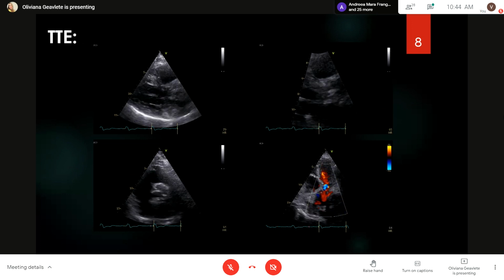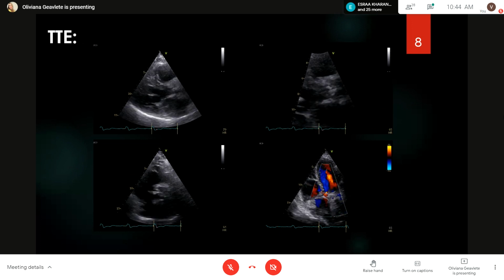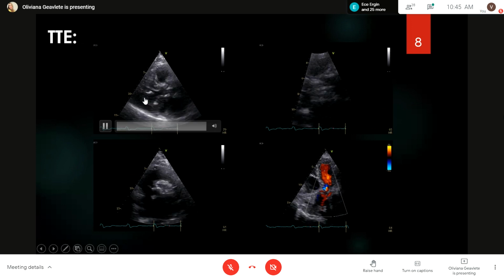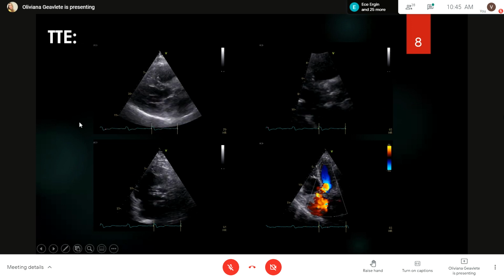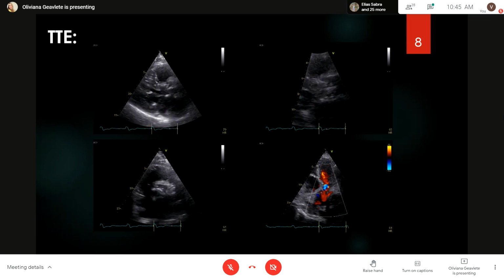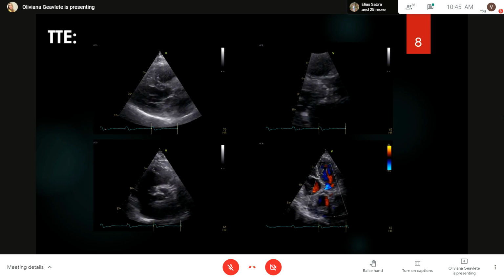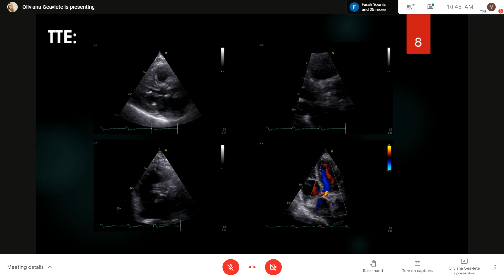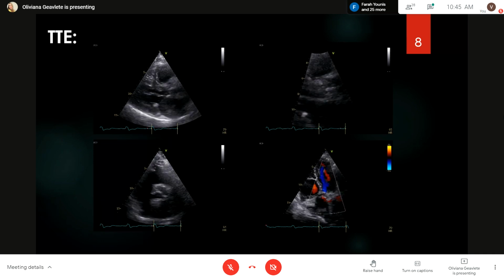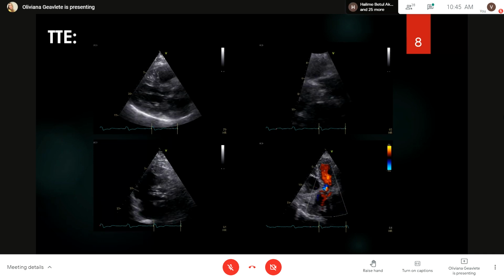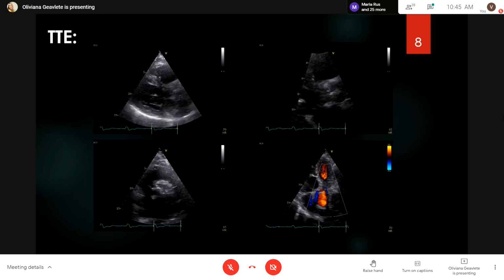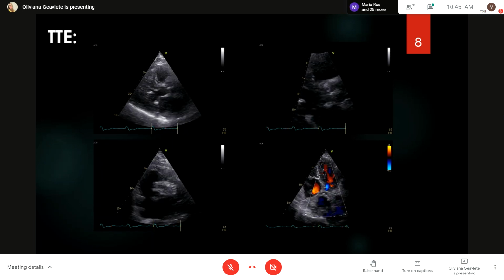Okay, I don't know if you're seeing these films very well, but just look at this one. Here you will see a long axis view with some modifications. Do you see anything on this film? Is there anything that bothers you?